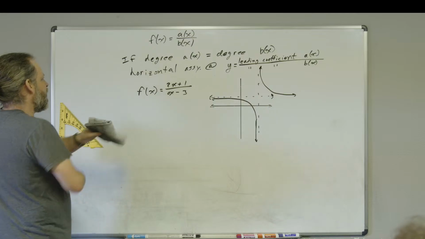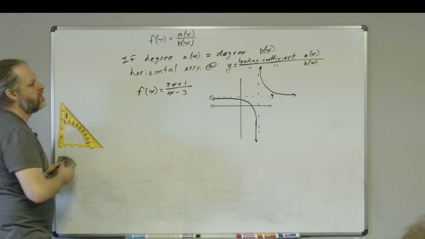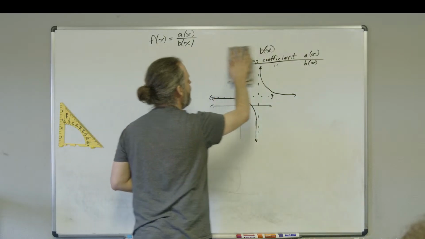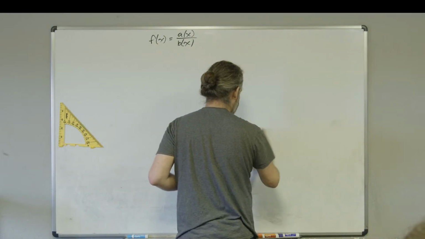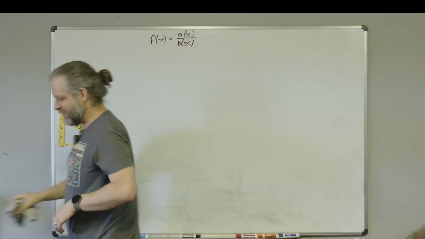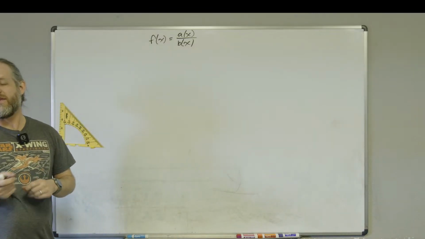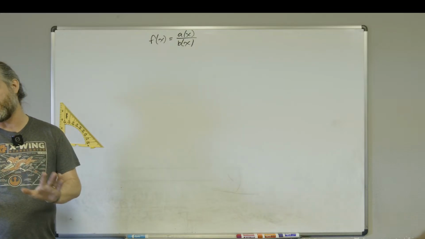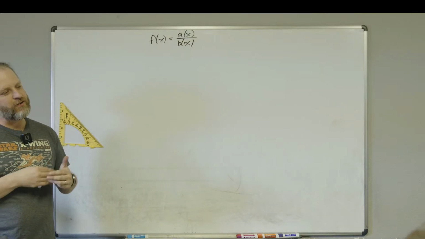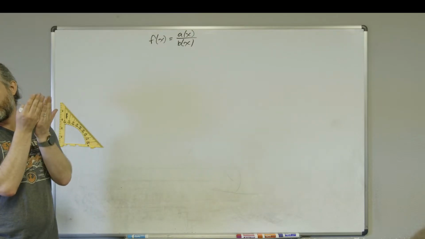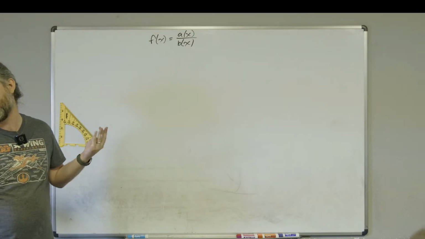So we just talked about how to find the vertical asymptote on a rational function. How do you find vertical asymptotes on a rational function? They always have at least one, always, because the degree of the denominator will never be 0. It'll always be 1 or greater, or else it's just linear, exponential, or whatever.